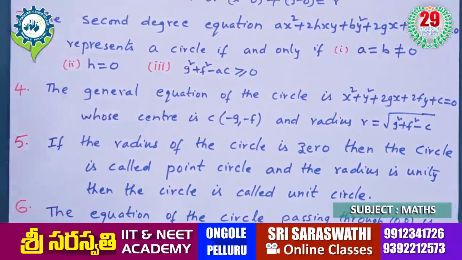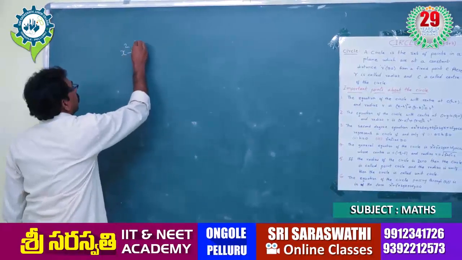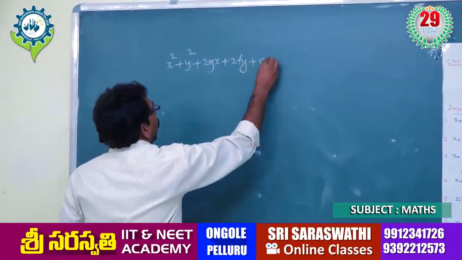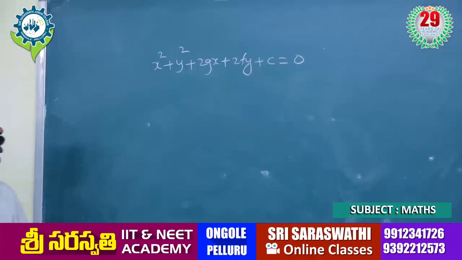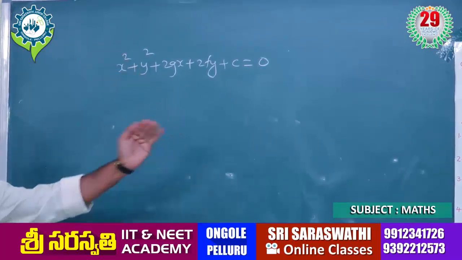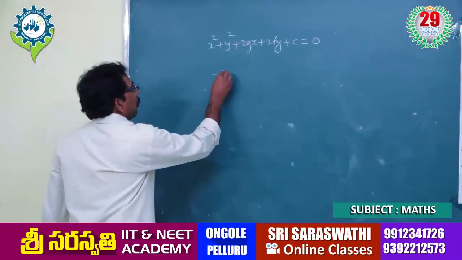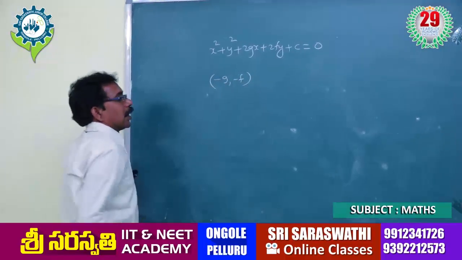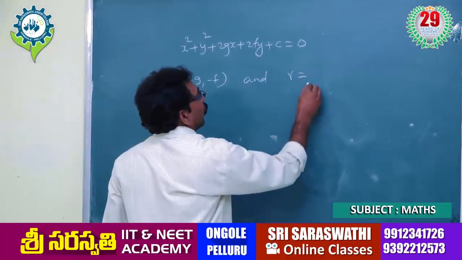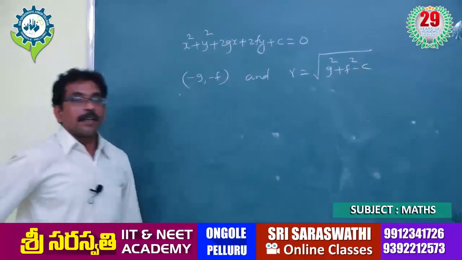So always for an equation x square plus y square plus 2gx plus 2fy plus c is equal to 0, this is the general equation of a circle, and its center is minus g comma minus f, and radius r is equal to square root of g square plus f square minus c.